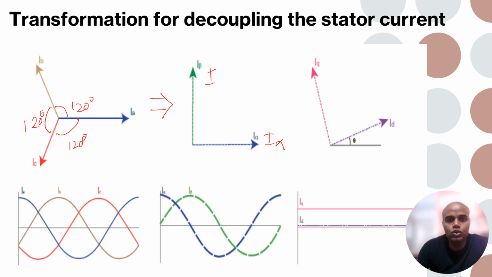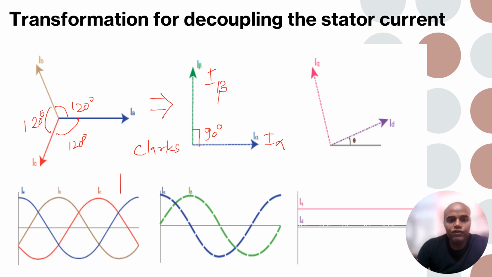So we get the two current values, I alpha and I beta, and these two currents are orthogonal to each other. That means these two components are 90 degrees apart, and this is done through the Clarke's transformation.